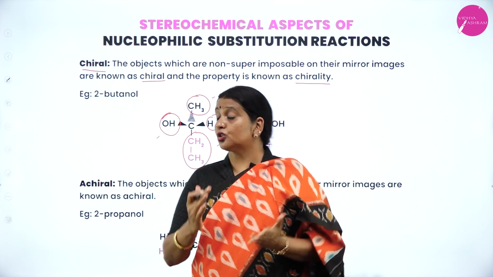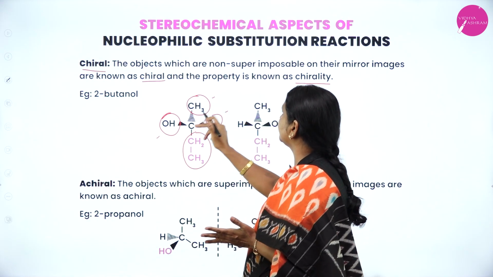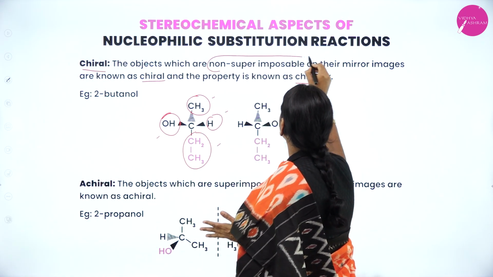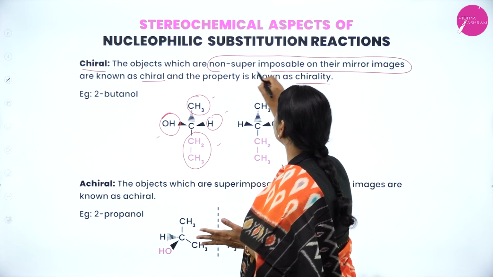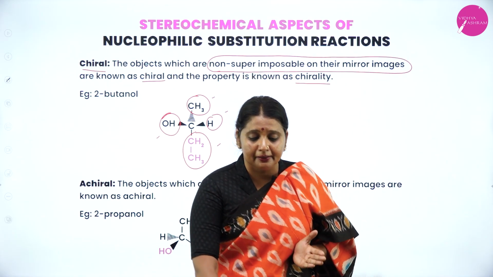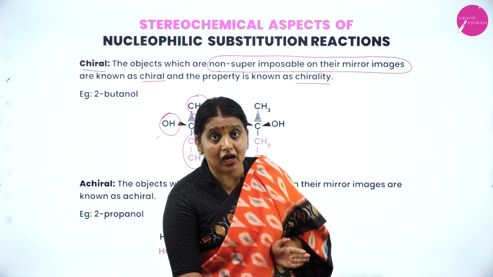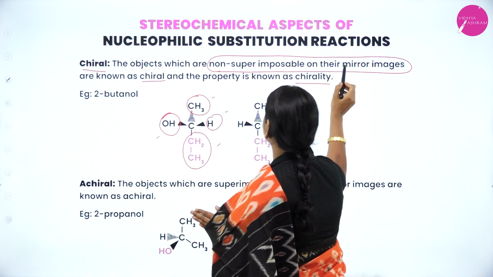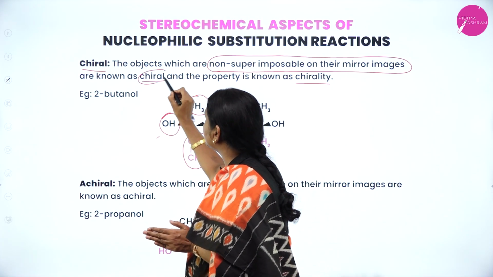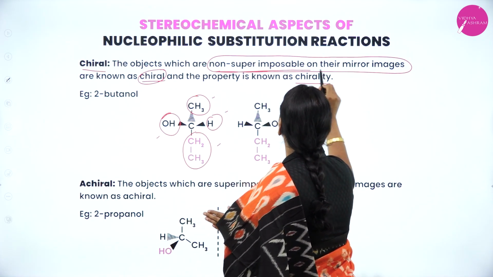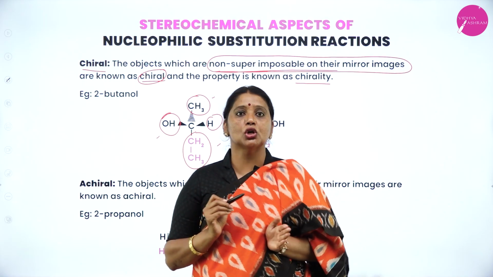Because all the groups are different, they are non-superimposable on their mirror image. Therefore, chiral molecules are non-superimposable on their mirror image.